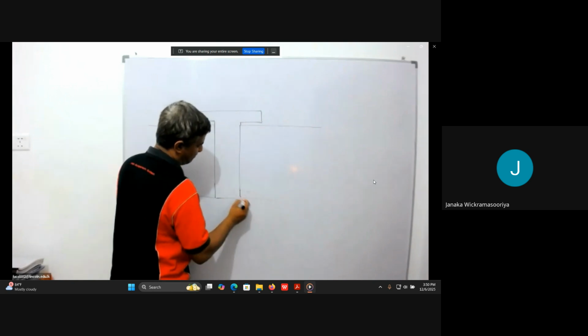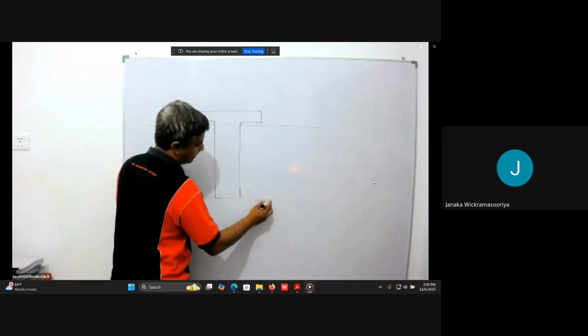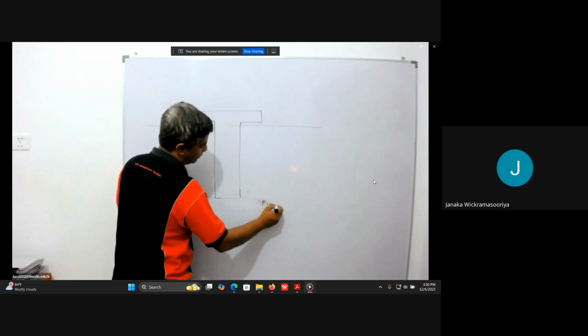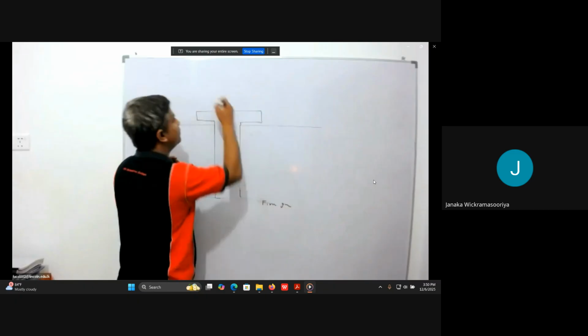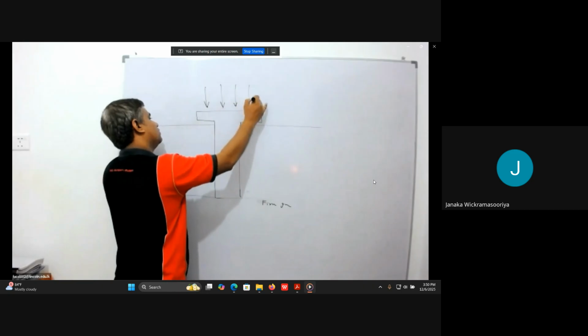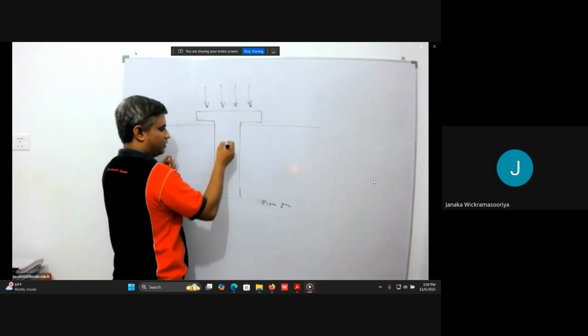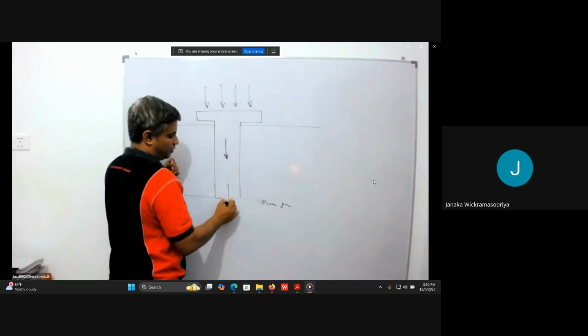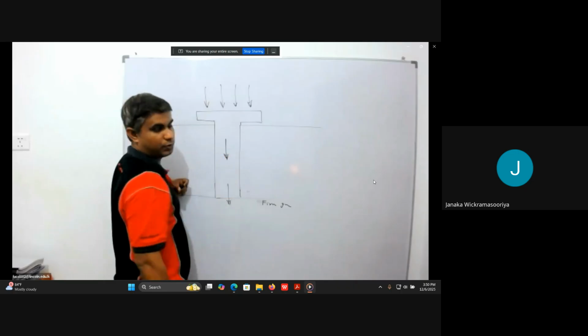On top of the pile you have the pile cap. Then at the bottom you have the firm ground. The load is applied from the top, and that load is transferred to the firm ground like this.